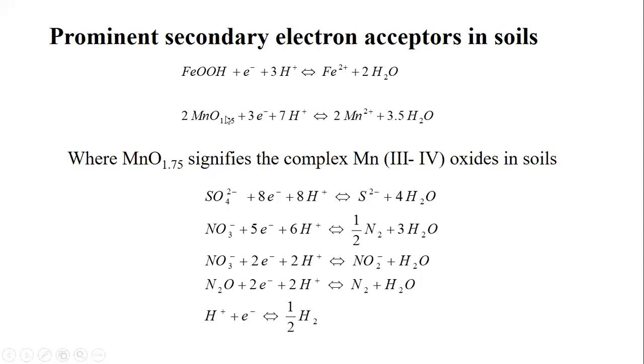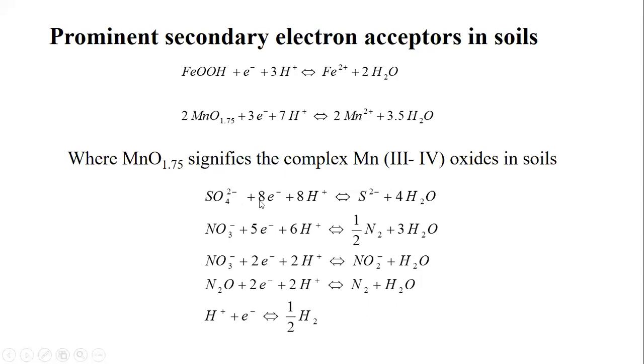You don't find that average like that, but if you average them out, you will get this. Again, to become Mn2+. So these are reduction processes.